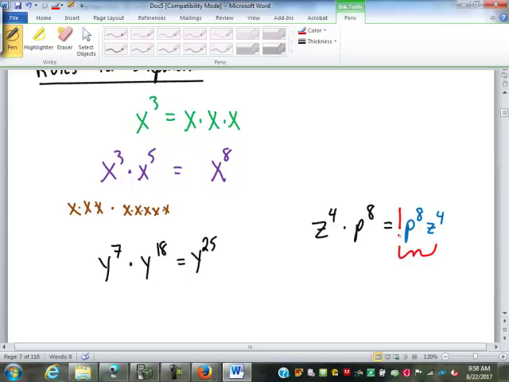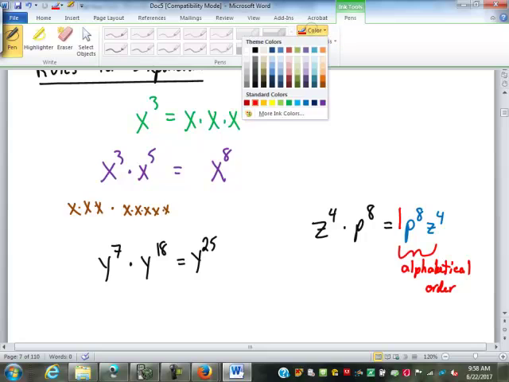Technically, this is 1 p to the 8th z to the 4th, one count with its names. It is better mathematical grammar to put them in alphabetical order. That's why x usually comes before y, and y usually comes before z. P comes before z because it's alphabetically first.